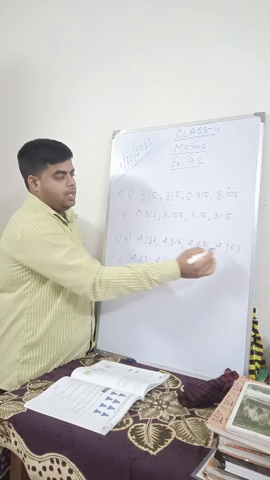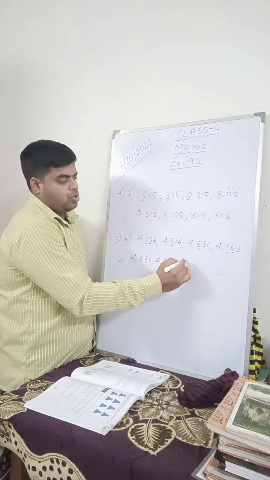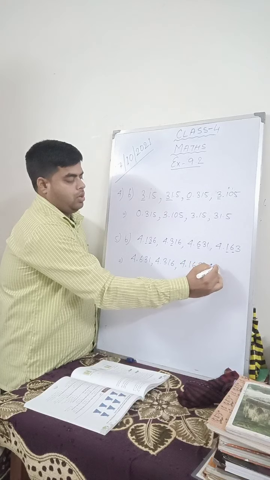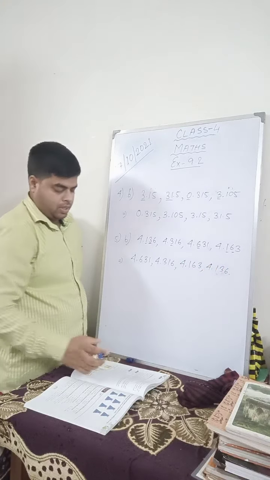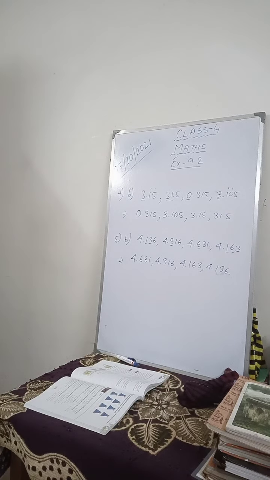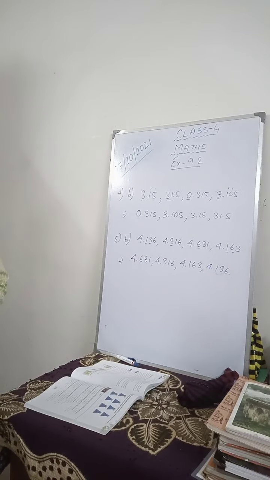Here you have 3, here you have 6. So which one is greater? Obviously 6. So 4.163 and then 4.136. I hope you have understood this arranging of ascending and descending order.